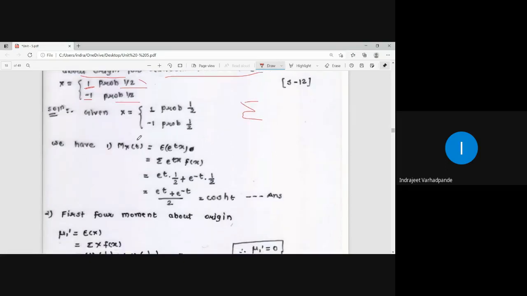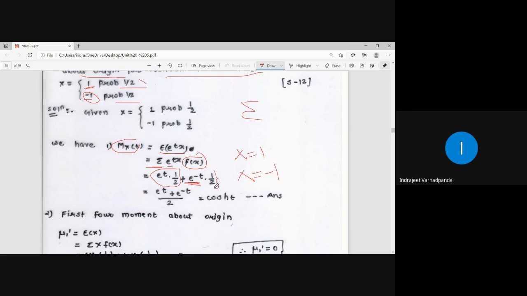So the moment generating function will be the expectation of e to the power tx. Expectation of e to the power tx is multiplied by the probability function and summed over. What are the values of x? The value of x is 1 and the value of x is -1. So in one place, taking x as 1, we get e to the power t into 1 by 2, which is the probability, plus taking x as -1, it becomes e to the power -t and the corresponding probability is again 1 by 2.